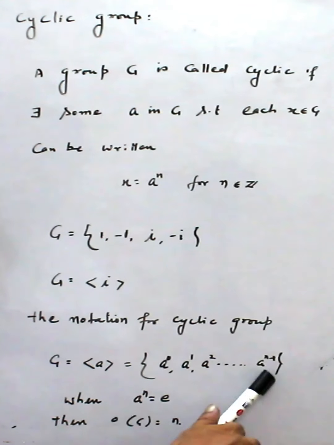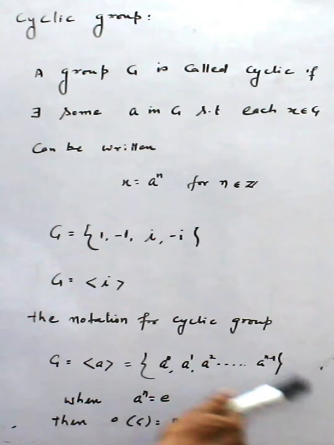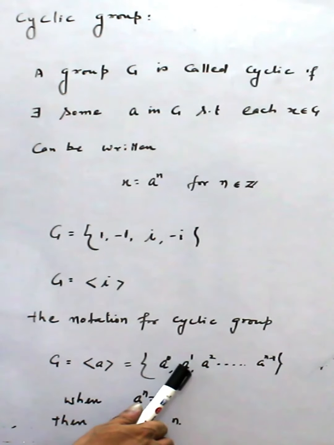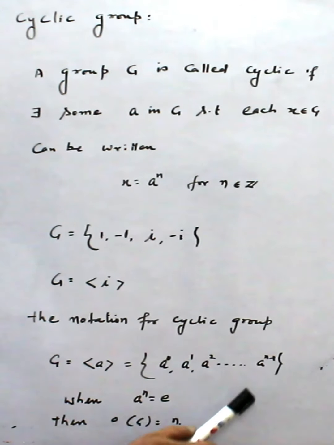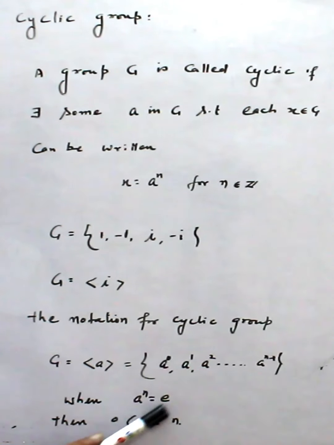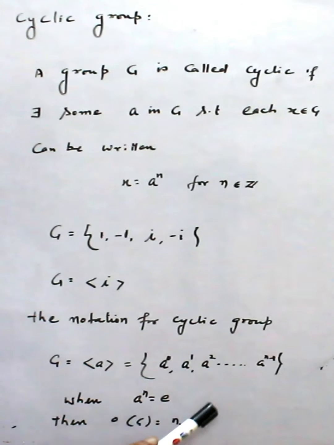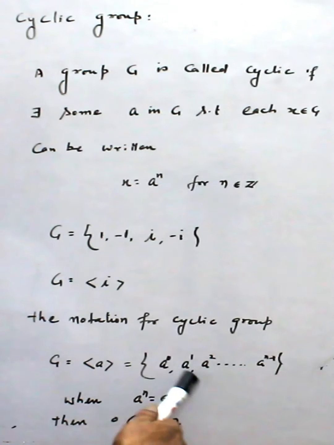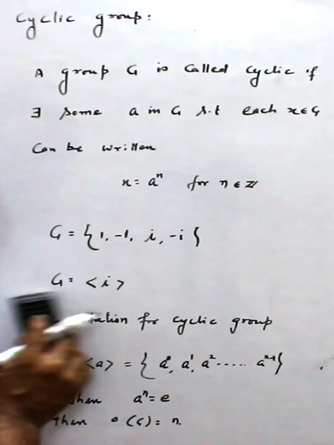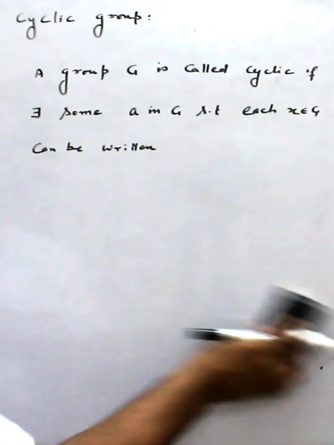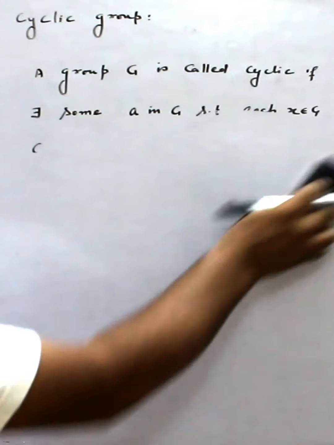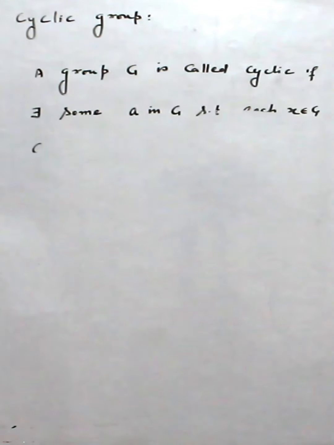These n elements A0, A1, A2, up to A to the n minus 1, and after this when we increase the power it becomes identity. The same process starts repeating, otherwise it would not be finite. Then the order of G we call n, right? So this is the definition of cyclic group.